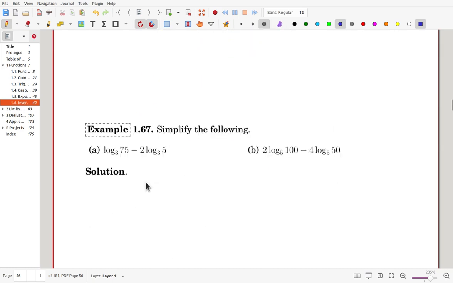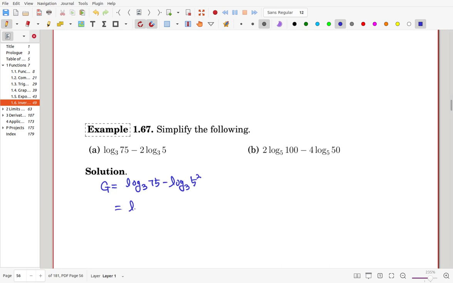Now we'll try to simplify these terms. For part a, the given term can be written in this way: log base 3 of 75 minus these 2 can go as a power, so log base 3 of 5 to the 2, which is the same as 25.